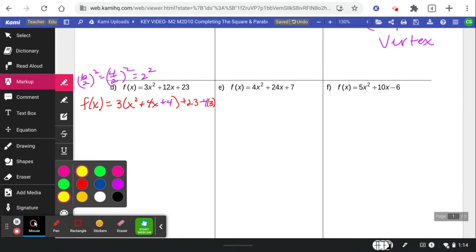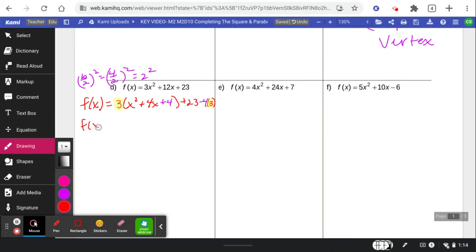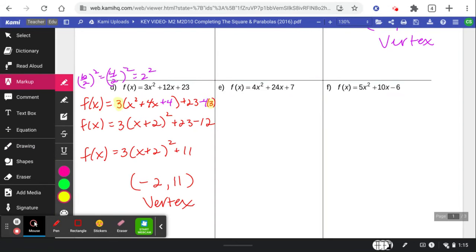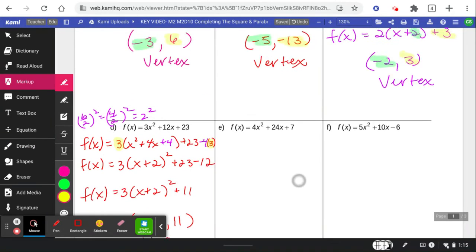Where does that 3 come from? Right there. And this is going to work out to 23 minus 12, or 11. So my vertex is negative 2, 11.